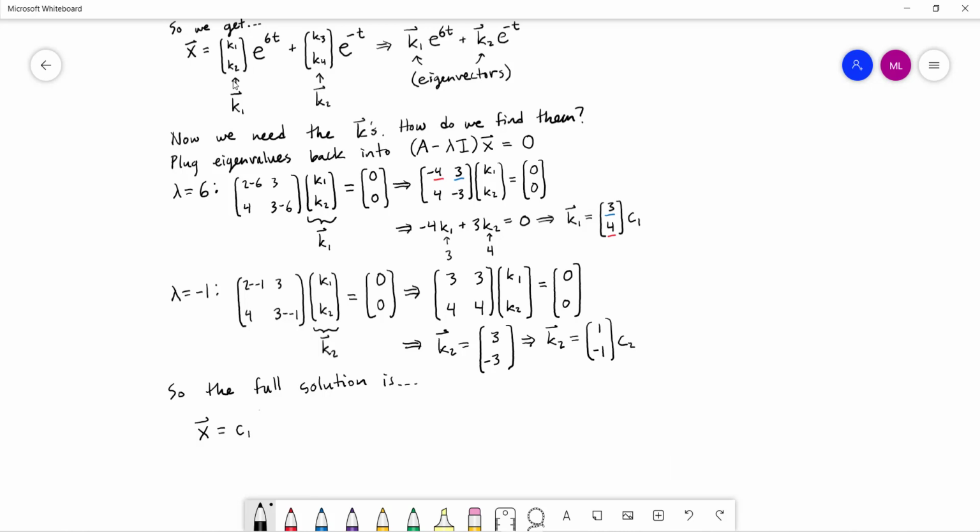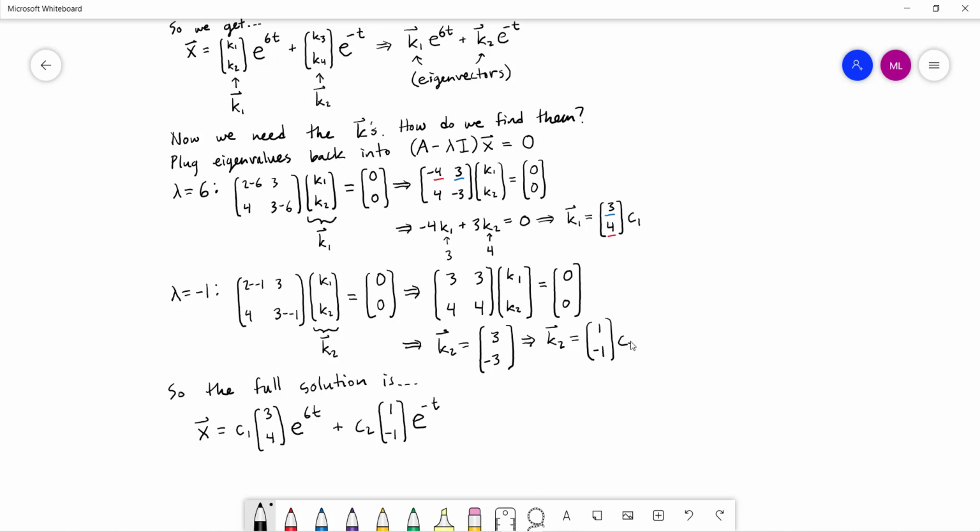So let's do C1 times 3/4 times e to the 6t plus some other constant C2 times 1, negative 1, and that corresponded to the e to the negative t term, right, where this was the eigenvalue. So e to the lambda t in both cases, and these are the corresponding eigenvectors.